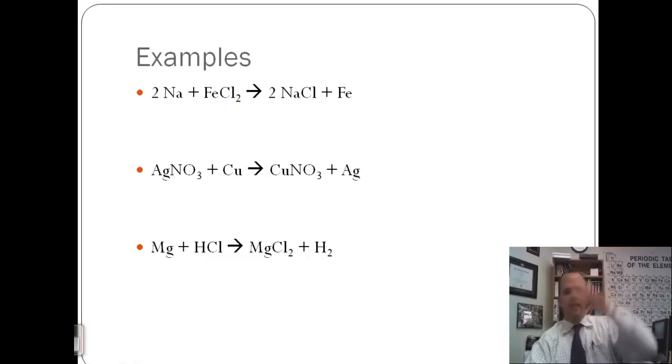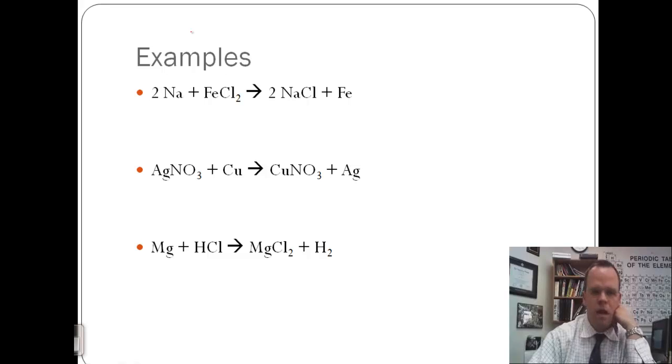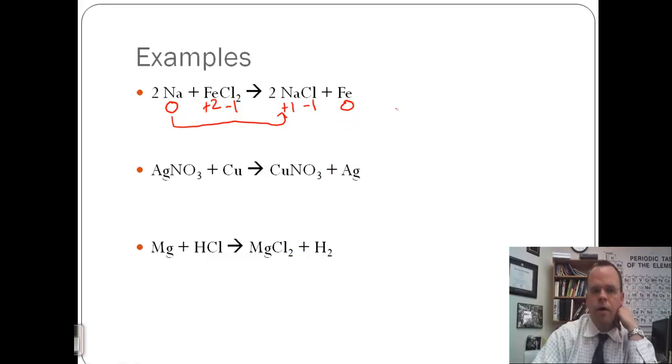So let's look at an example of what's happening in some basic oxidation reduction reactions. Think about our substances here. This sodium has no charge. It's by itself. Iron is +2. Chlorine's -1. Sodium's +1. Chlorine's -1. Iron is 0. So sodium is going from 0 to +1. To go from 0 to +1, it must lose an electron.